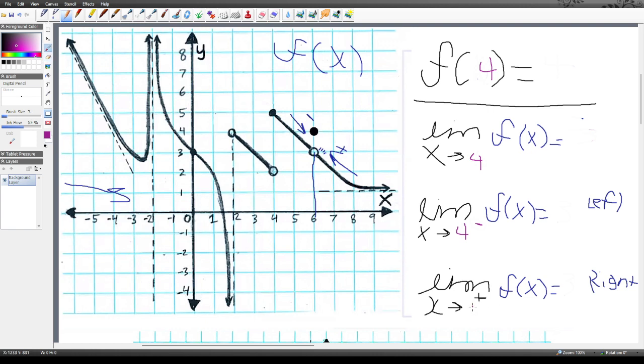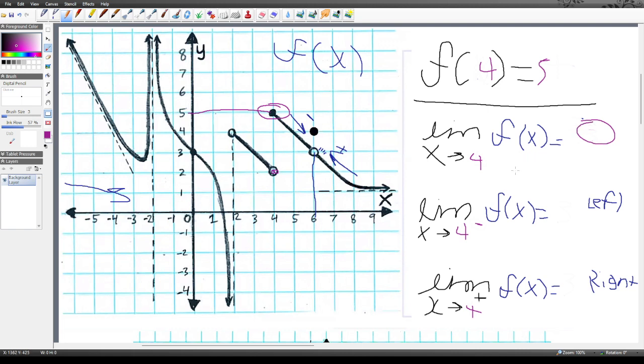So f of 4 would evaluate to here. Since there's a hole here, you jump to your continuity. So your evaluation will be 5.